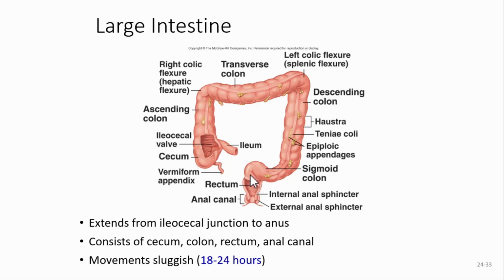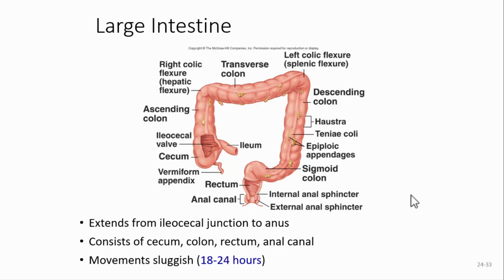So as the rectum distends, the internal anal sphincter is going to then relax. Well, that could be a big problem, right? So the external anal sphincter is going to be skeletal muscle. And that's what is going to hold everything back until you're ready to defecate.